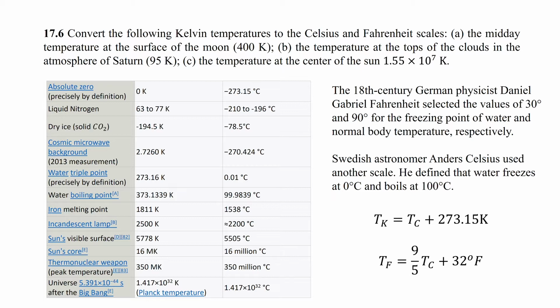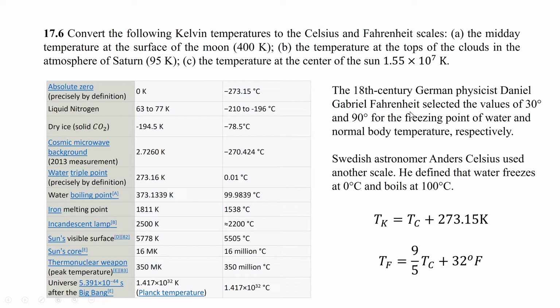This is roughly, not accurate, we know, but at that time, this is how he defined the temperature. And he just divided the temperature between 30 and 90 linearly, and he got a temperature scale. This definition is called the Fahrenheit scale.